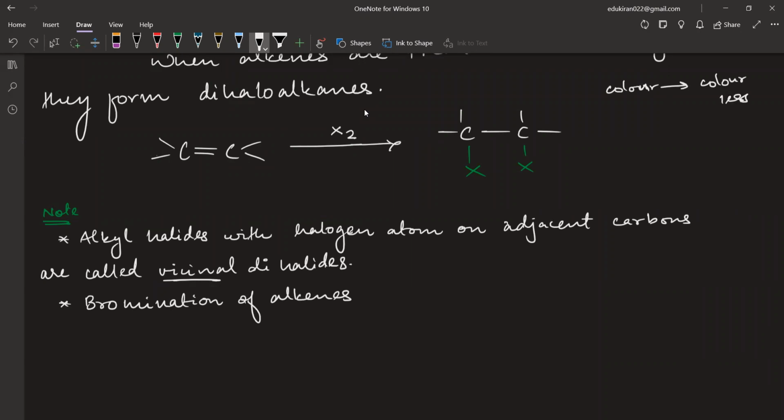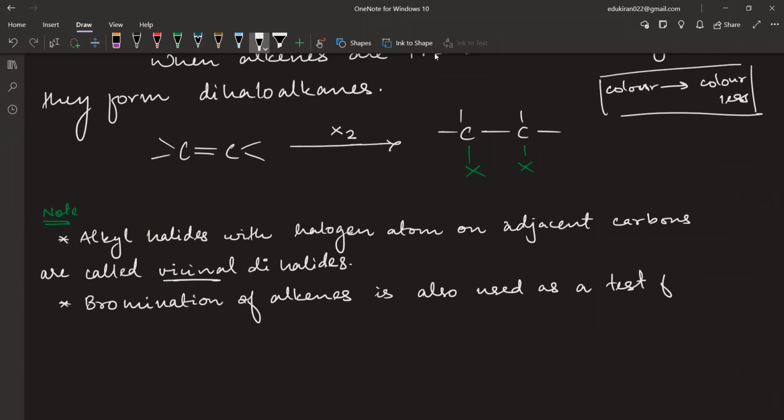That means what can we use? We can use this particular reaction in order to test for alkenes. Bromination of alkenes is also used as a test for presence of double bond.